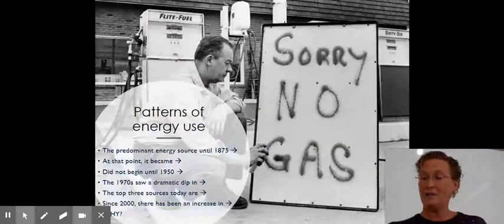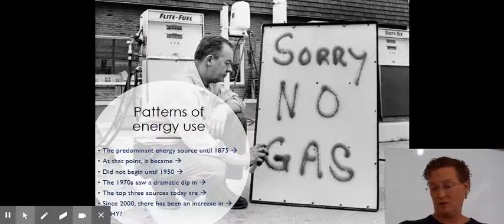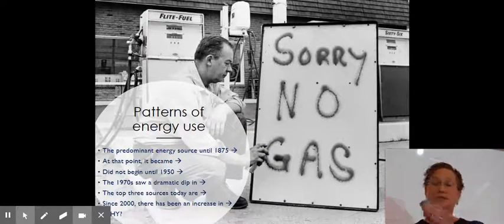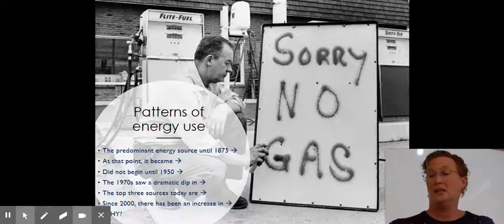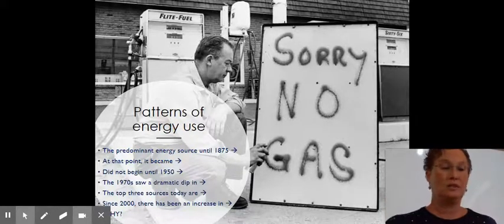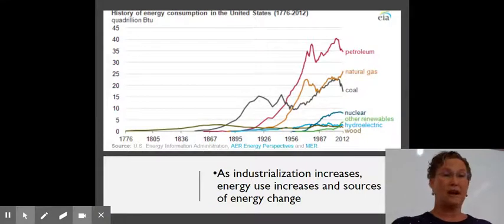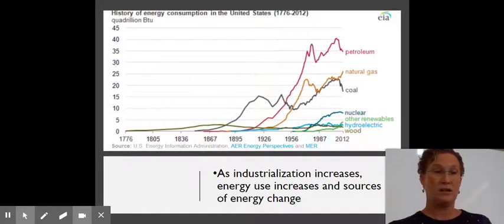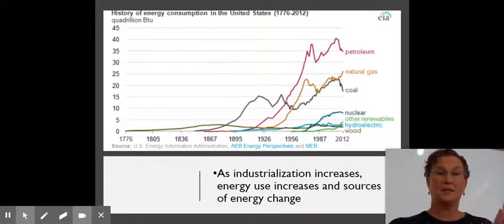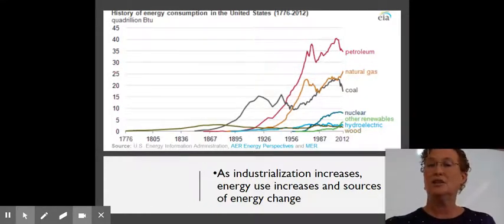Okay, so the patterns of energy use. So now you can use that graph to help you answer these questions, all right? So what you need to do then is look at this graph and try to answer the questions on page 4. Okay? So pause this, look at this graph, and answer these questions.